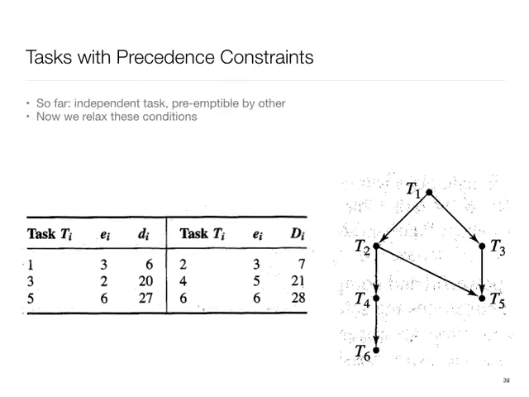Then when T3 runs, its output goes to T5, and so on. But the main thing is that we no longer have the liberty of just thinking in terms of priorities and the highest priority running, because if T1 hasn't run, then T2 cannot run until T1 runs and produces an output, for example. So in these settings, this kind of graph is often simply called a precedence graph or sequence graph, among a variety of names.